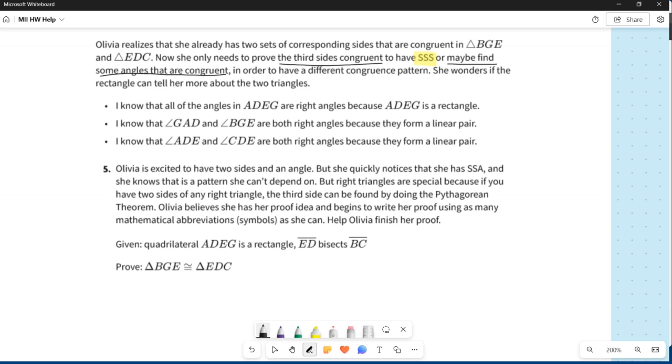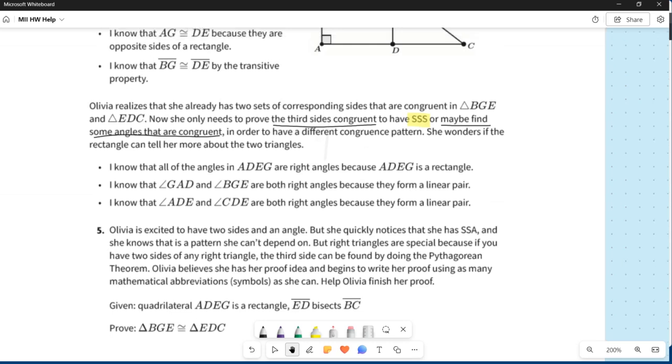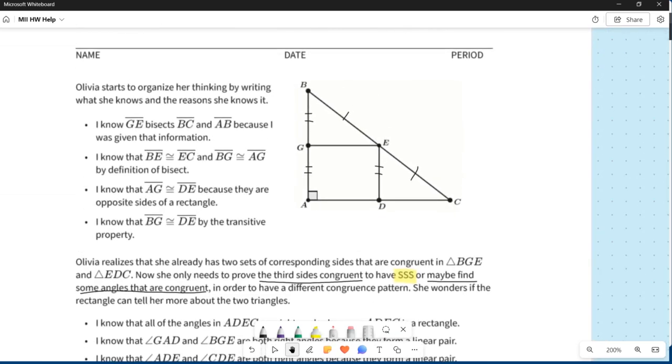All right, well, Olivia also knows some things in this picture that her teacher didn't explicitly tell her, but she knows from before. I know that all of the angles in ADEG are right angles because ADEG is a rectangle. So every single angle here is a right angle because that's basically the definition of a rectangle.